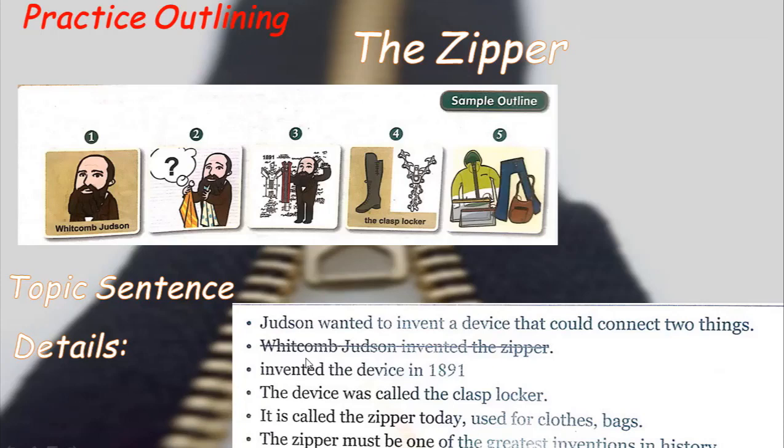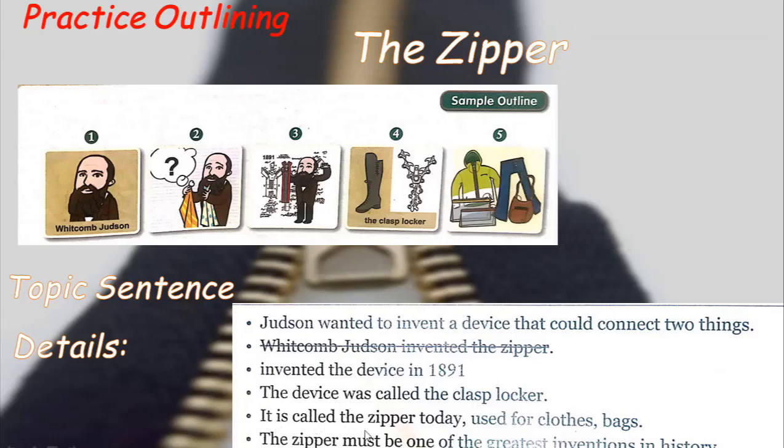So the details that you have got here: Johnson wanted to invent a device that could connect two things. Invented the device in 1891. The device was called the clasp locker.